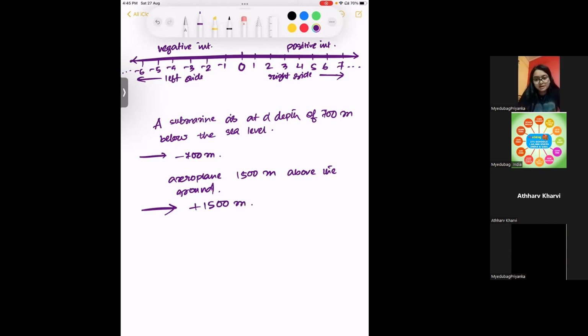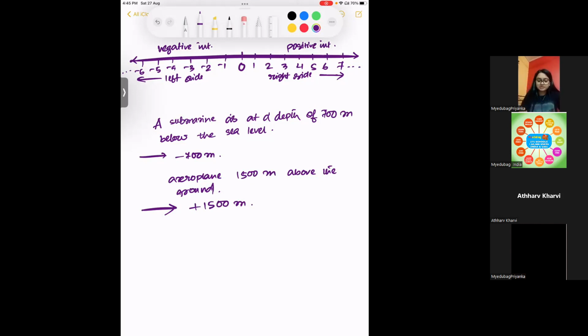Both are correct, no problem. But when we are asked specifically, we denote whether the plus sign or the negative sign will be there. You prefer putting the positive sign, though we know that if there is no sign in front of a number, that number is positive.